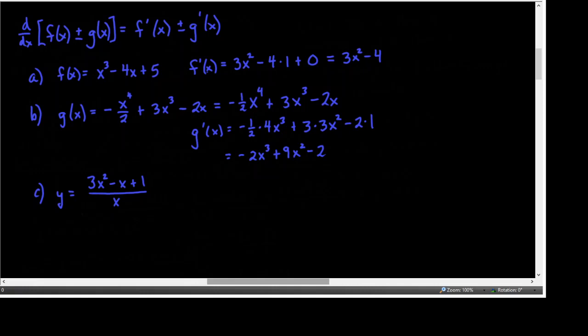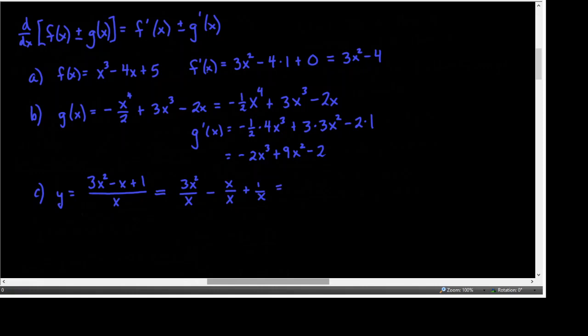And there is a rule for that, but in this particular case, it would be way better and way easier, as you'll see later when we do the quotient rule, to simplify this one and treat it in a straightforward fashion rather than trying to do something called the quotient rule, which we don't even know how to do yet. So this is one of those where you can take that fraction and split it. So take each term in the numerator and divide it individually by the common denominator, and then rewrite that in a more palatable form.